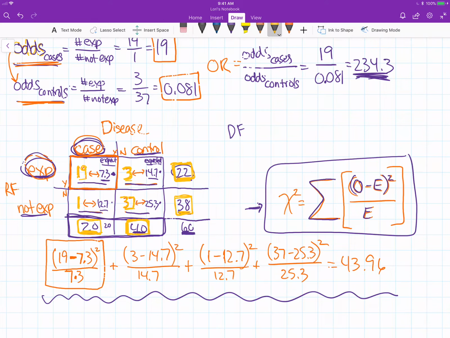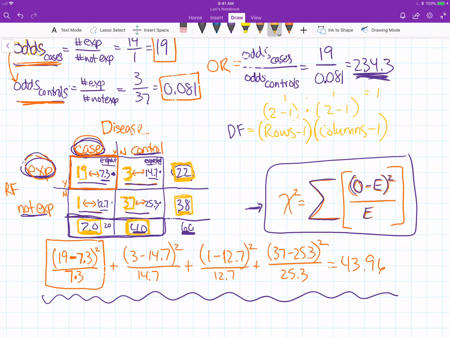So the equation for degrees of freedom is the number of rows minus 1 times the number of columns minus 1. And so that gives me my degrees of freedom. In this case, I have 2 rows minus 1 times 2 columns minus 1. That is 1 times 1 equals 1. So I have 1 degree of freedom when I have a 2 by 2 table.